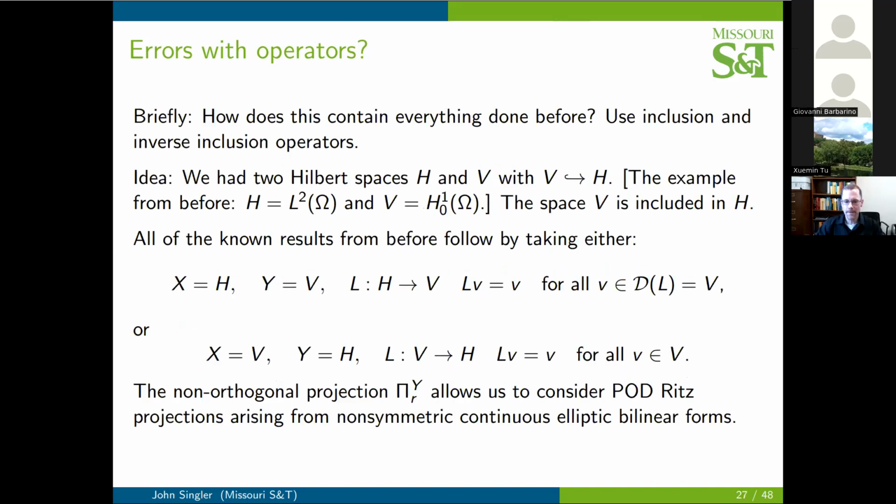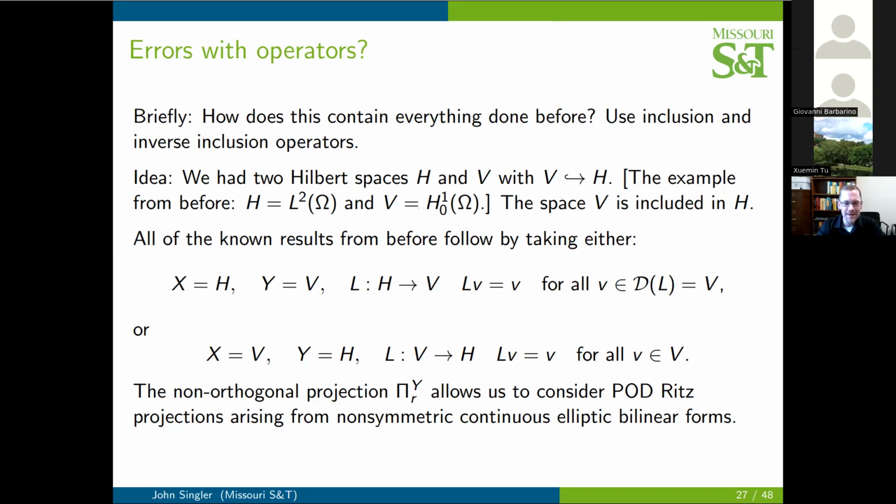So maybe I'll indicate just quickly, I said this contains everything that we have done before. And the idea is to use inclusion or embedding operators and their inverses. So we had the two Hilbert spaces for the parabolic problem, H and V, right? With V contained in H, continuously embedded.